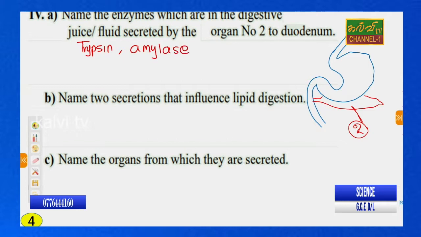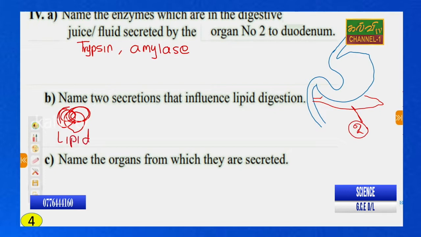So the next one, B: name 2 secretions that influence lipid digestion, right? Lipid digestion. Lipid is not a polymer, but there are lipid particles, right? Say this is the lipid particles.